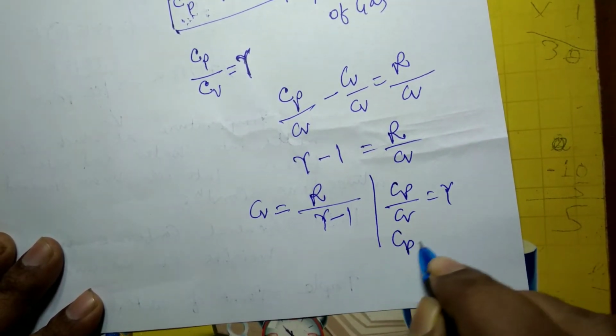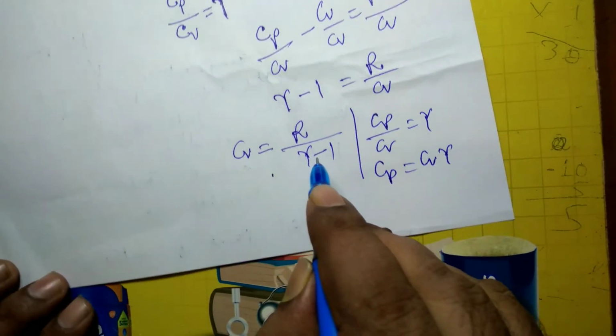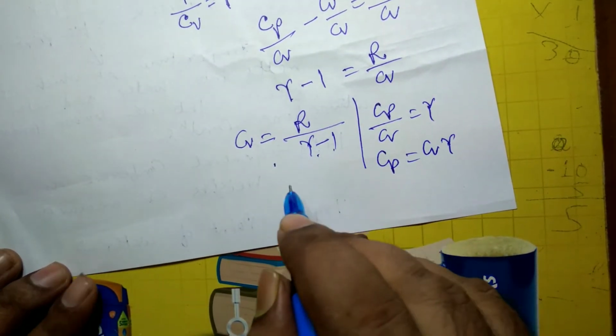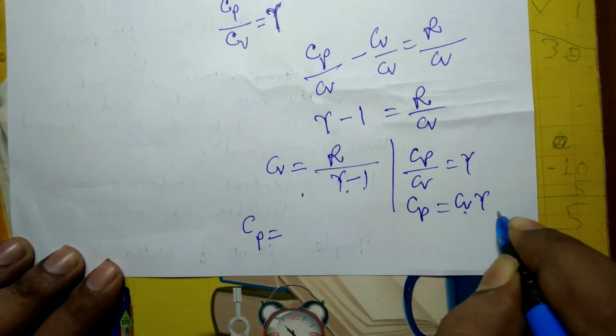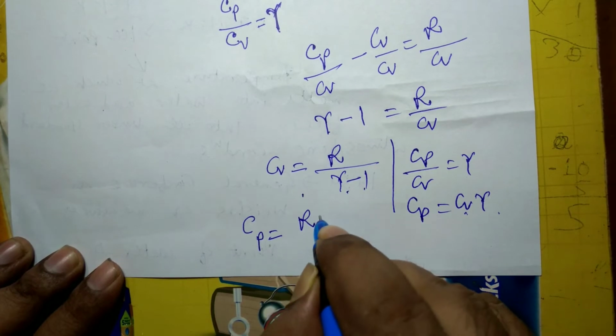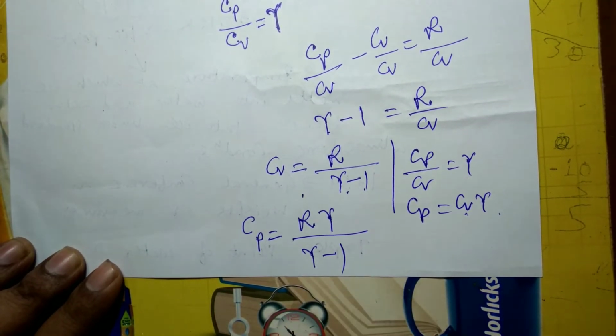So Cp is equal to Cv multiplied by gamma, which means R gamma divided by gamma minus 1.